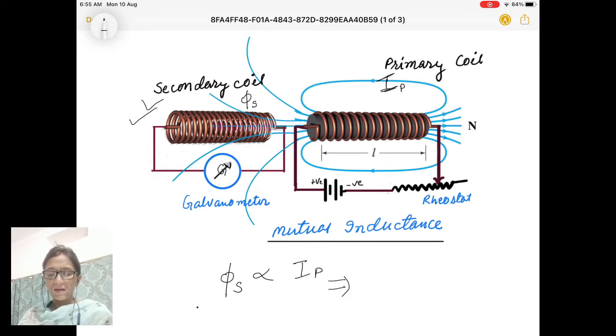Now here the constant of proportionality is equal to mu, secondary due to primary. This is your constant of proportionality for the equation, and this constant of proportionality is called inductance. When two coils are used, this is called mutual inductance.